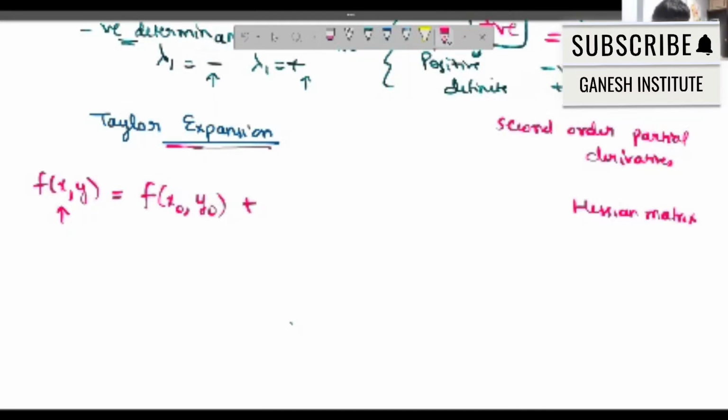And then you will have the first order derivative with respect to x. Now you remember that we used to write x minus a, right? Here the value for the point is x naught, so I'll write x minus x naught. Okay?